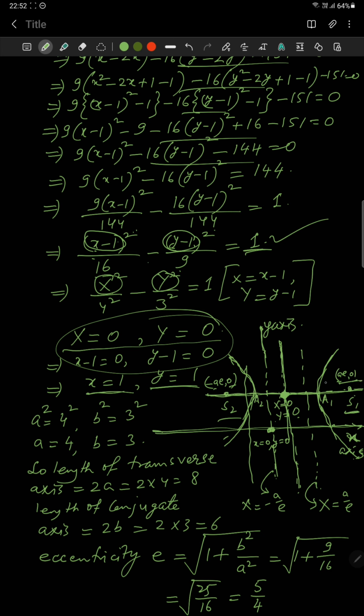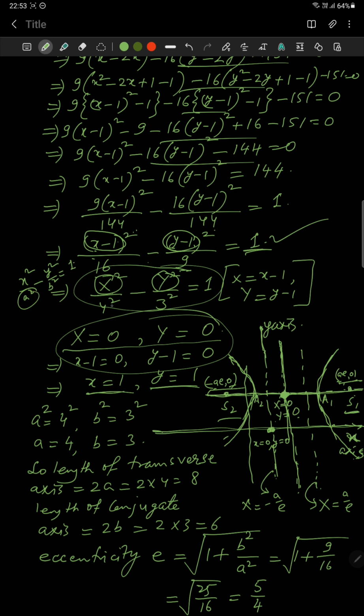Later on I will explain what this actually is. Before that, comparing this particular equation with the standard equation, as explained in the previous video, x square by a square minus y square by b square is equal to 1.